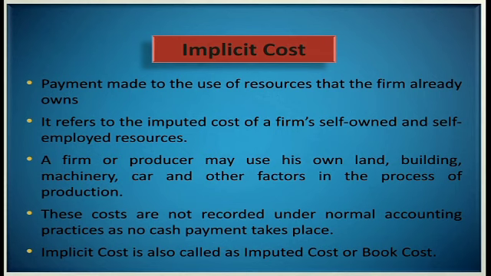These costs are not recorded under normal accounting practices as no cash payment takes place. However, the value of the owned services are imputed and considered for preparing the profit and loss accounts. And implicit cost is also called as imputed cost or book cost. So, economic cost is equal to implicit cost plus explicit cost.